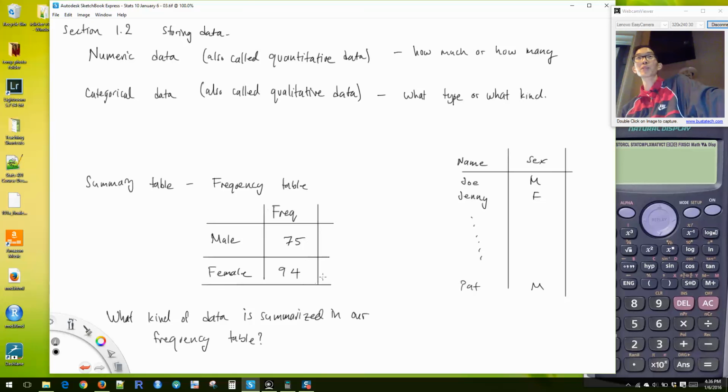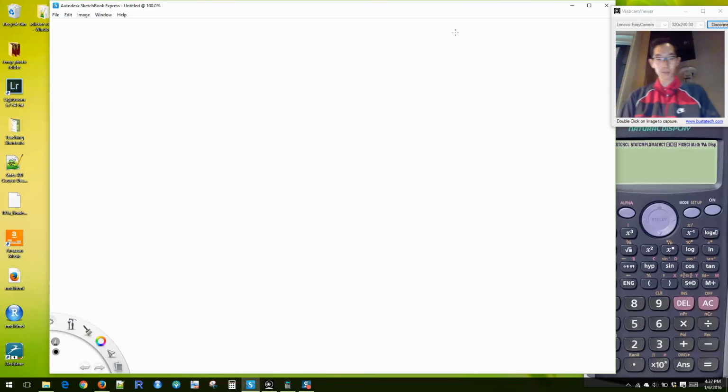So there are numbers here, but it's categorical data, right? Sex is categorical. Well, maybe it's more complicated than that, but just for simplicity's sake, we'll say everyone identified as male or female, and we'll leave it at that. Okay. Is that okay?